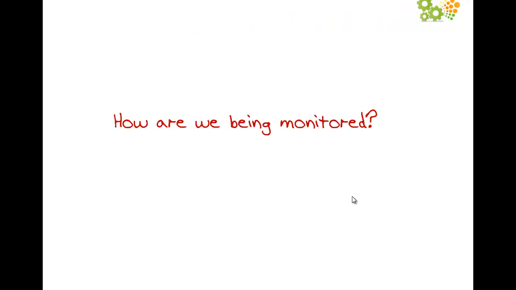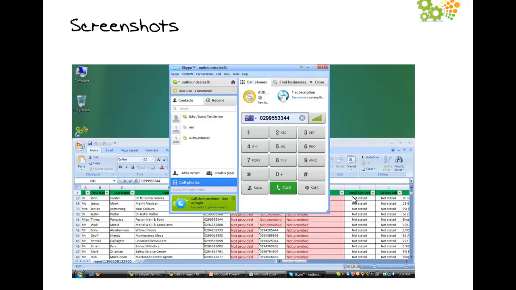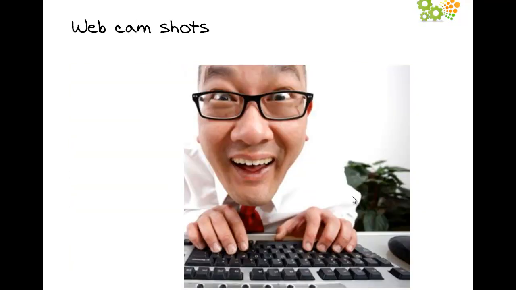Okay, so how are we being monitored exactly? Well, there are a couple of ways. The first is they actually take images of our activities. Throughout your shift, it takes screenshots of your computer, and at the same time, it also takes webcam shots of you while you are working. Okay? So this is what I'm talking about when I say it takes images of our activities.